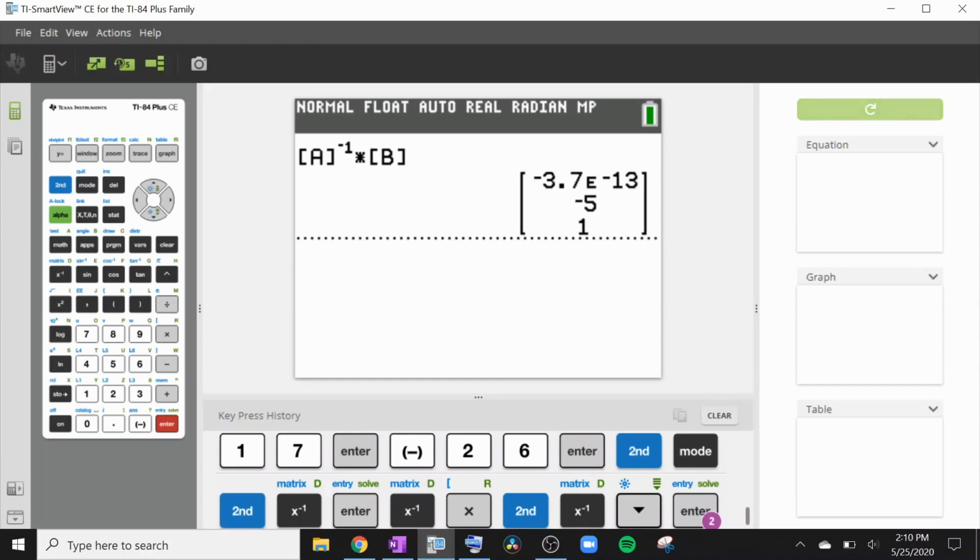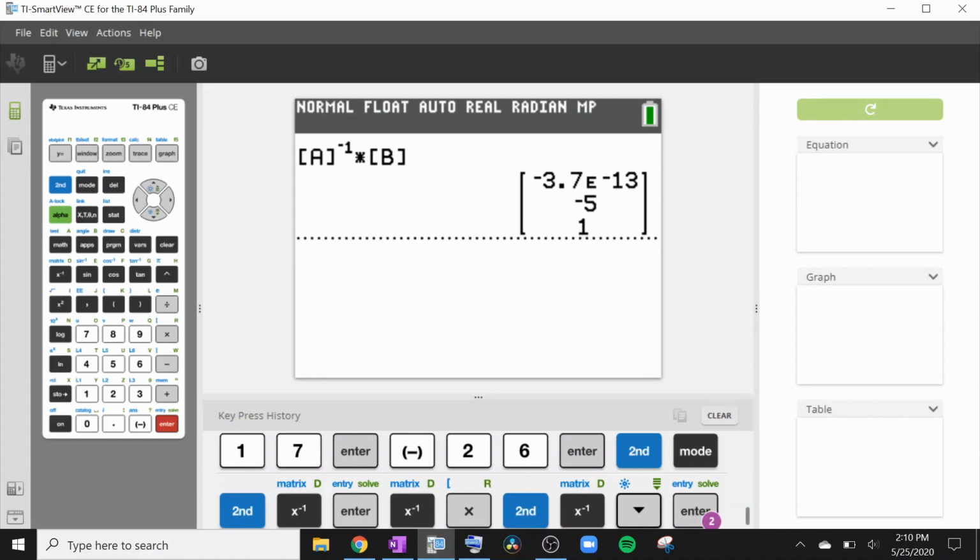Okay, this looks like a weird answer. Sometimes the calculators do this. This top number, negative 3.7e to the negative 13th, that's saying negative 3.7 times 10 to the negative 13th. Every once in a while you'll see this rather than the number 0. This is actually 0.